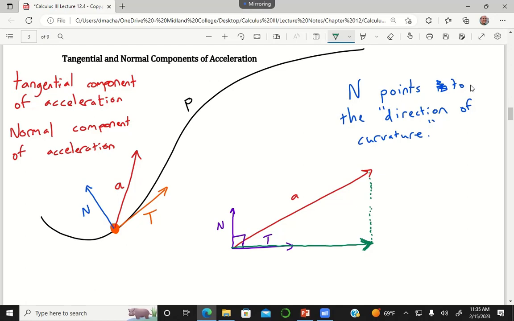We're going to use this notation for the tangential component of acceleration: a lowercase a with a subscript capital T. The lowercase a is for acceleration, the capital T is telling me this is the tangential component. So a subscript T is going to be the projection of my acceleration vector onto my tangent vector.